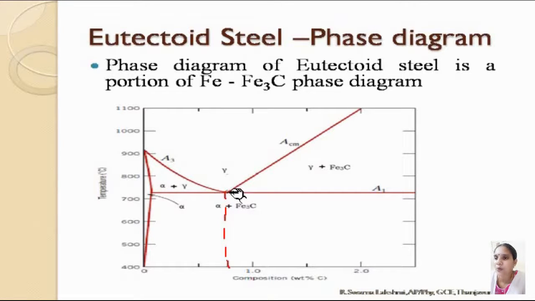At 0.8 weight % carbon, when austenite is cooled below 725 degrees Celsius, austenite transforms into a combination of alpha ferrite and cementite.